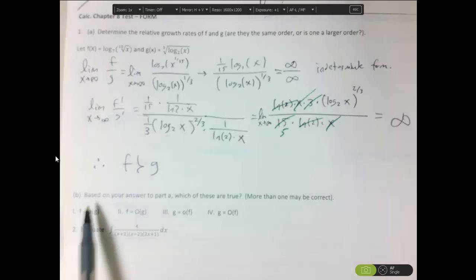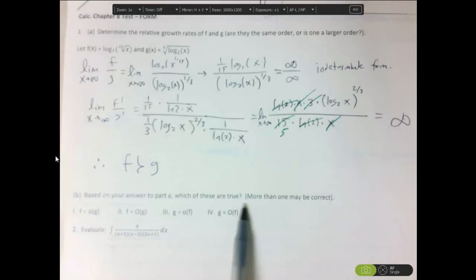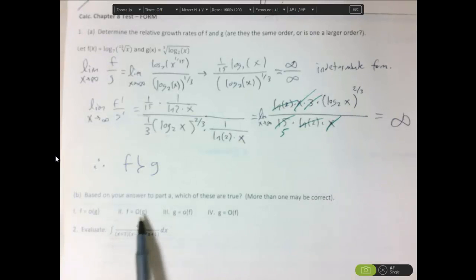All right, so based on that, which of the following statements are true? Remember, big O of g equals f means that f is a larger or equal order of growth than g. g little o of f means that g must be a smaller order of growth than f.